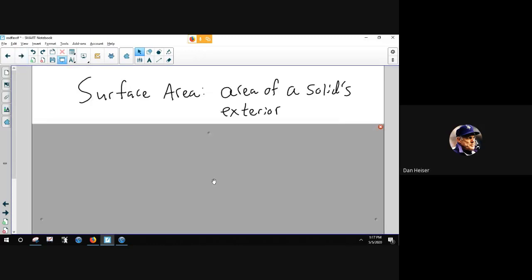Here's one big concept of this unit, and that is surface area. Every solid has surface area. If you were going to paint the outside of a solid, the amount of area that you would be covering, the amount of space you would be painting, would be its surface area.